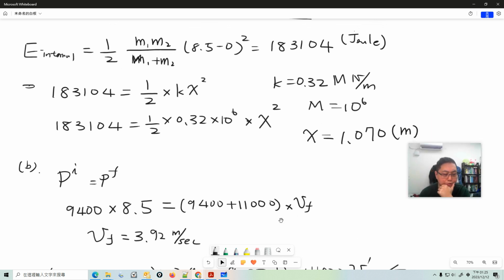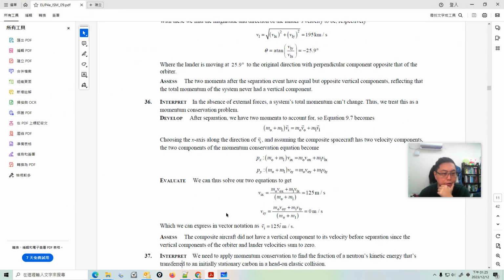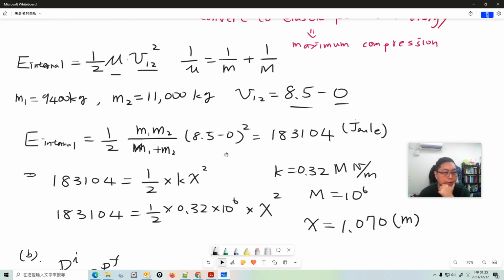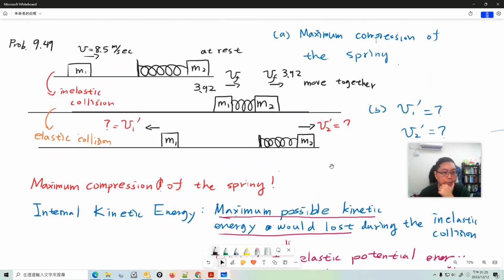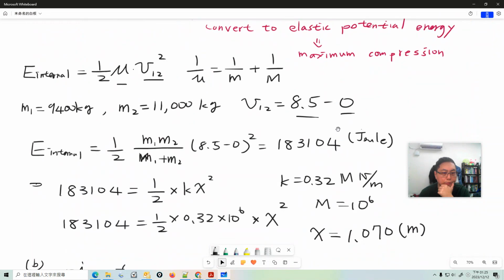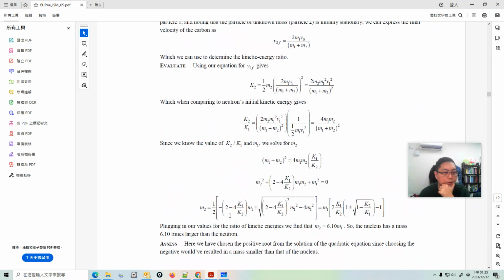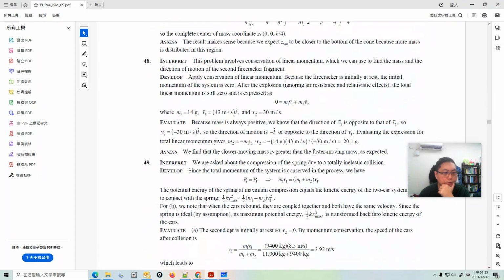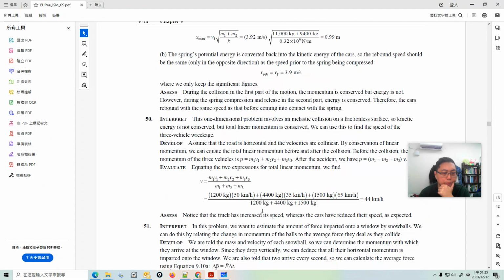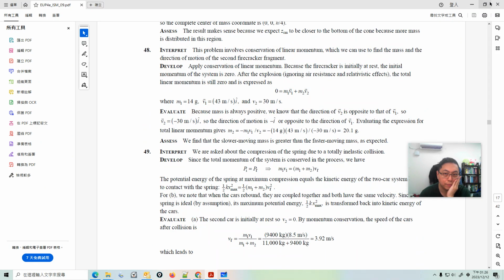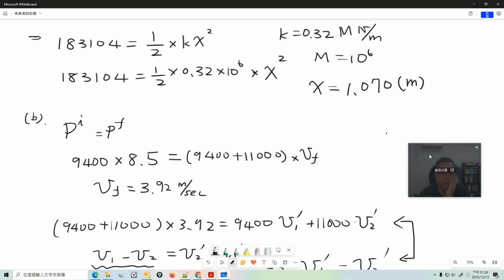What does the textbook answer say? It says 9.49, or about 0.99. I really don't think this is the answer. So that's my view on the first problem.